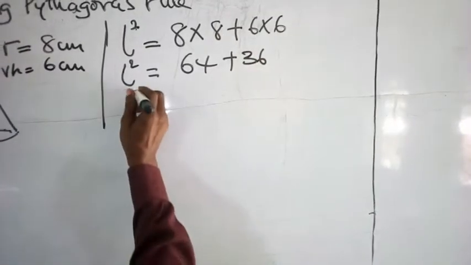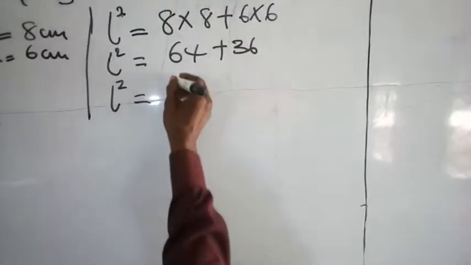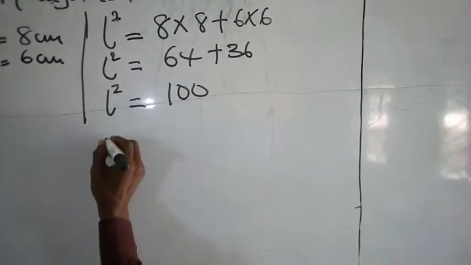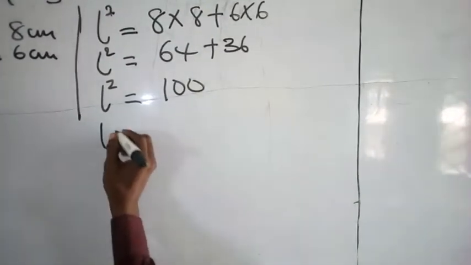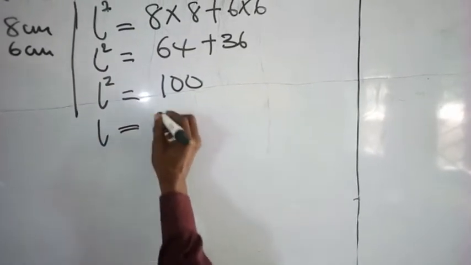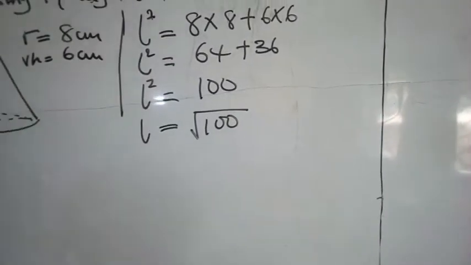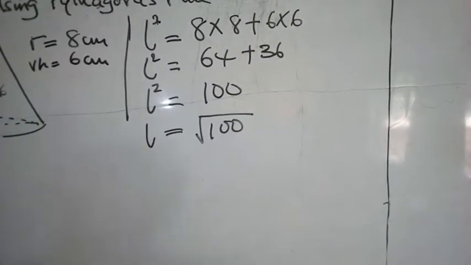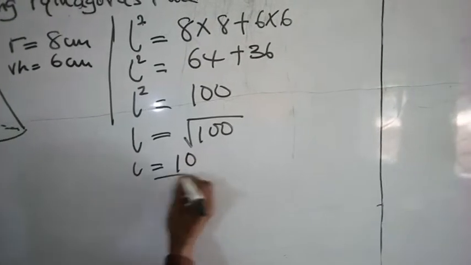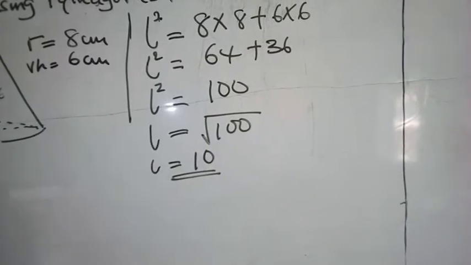So slant height squared is equal to 100. So allow the slant height, the L, to stand by itself. Use these two to build a square root sign for 100. So you are looking for the square root of 100, which eventually will give you slant height to be 10. That is that. So you now have slant height already.